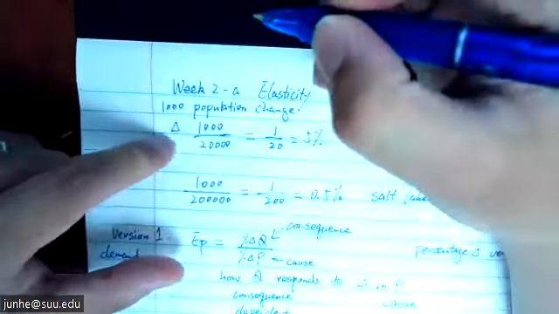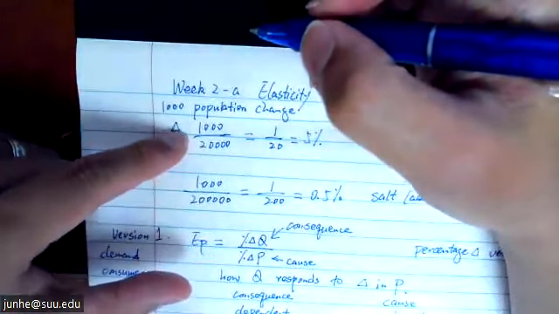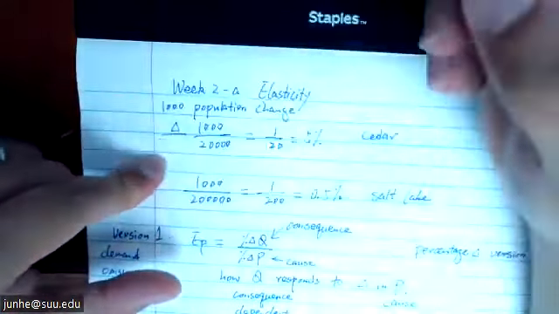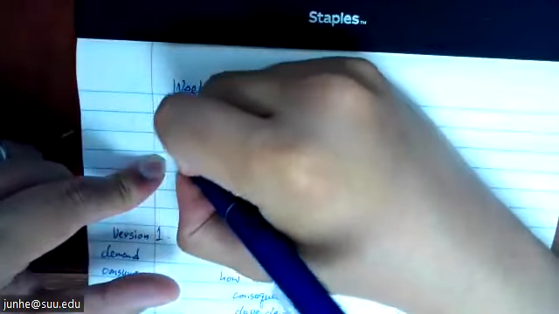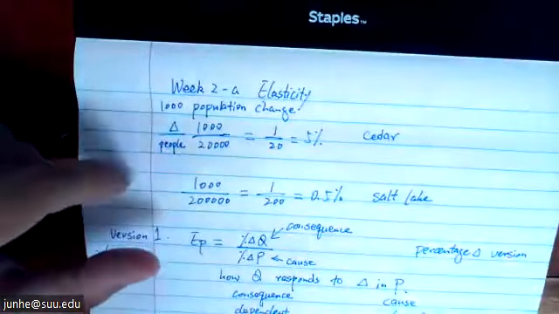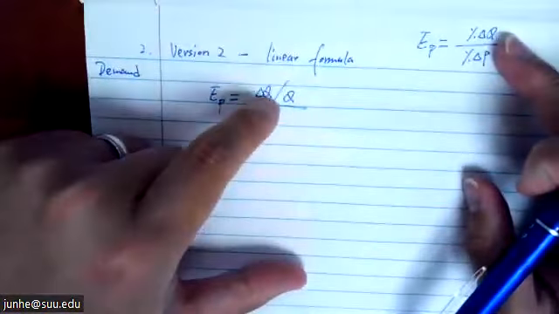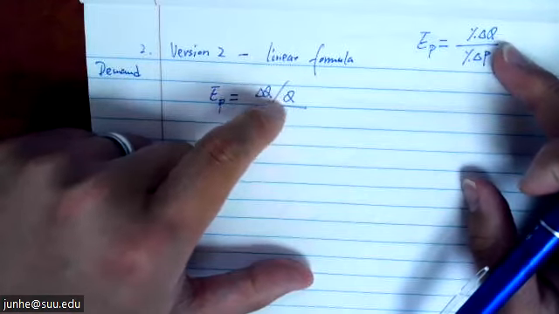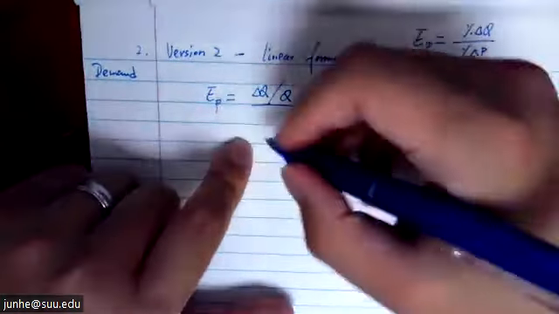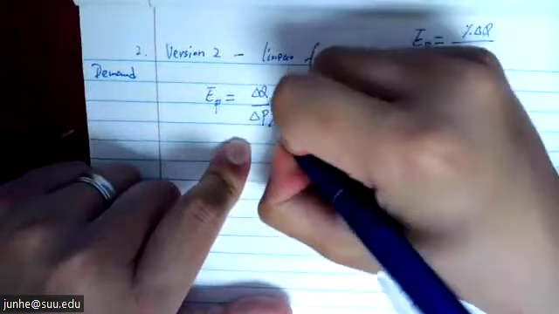So on the top is the delta, and on the bottom is the total people. That's how percentage change should be expressed. So here, the percentage change of quantity is delta Q over Q itself. The percentage change of price is delta P over P itself.